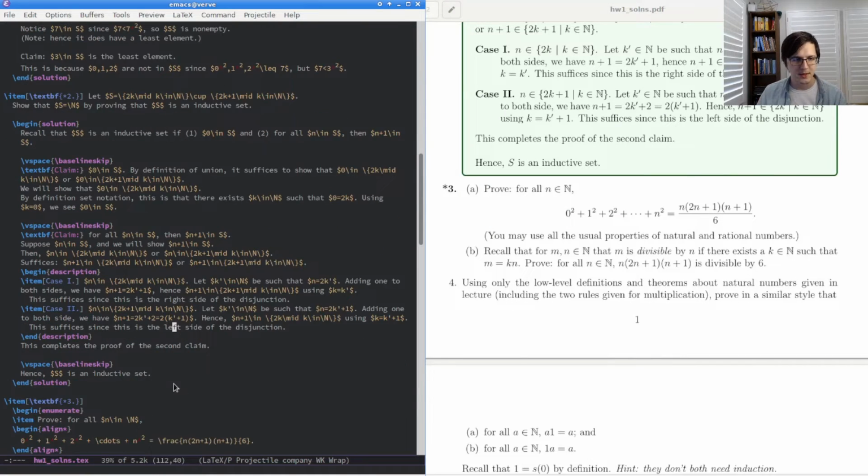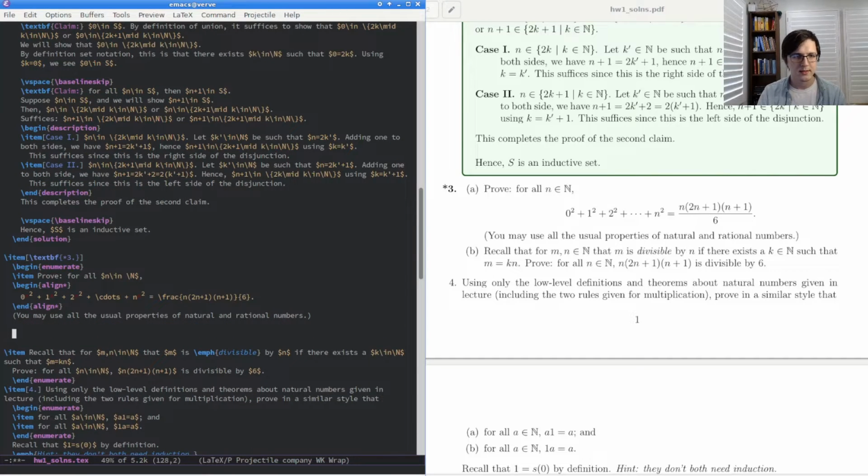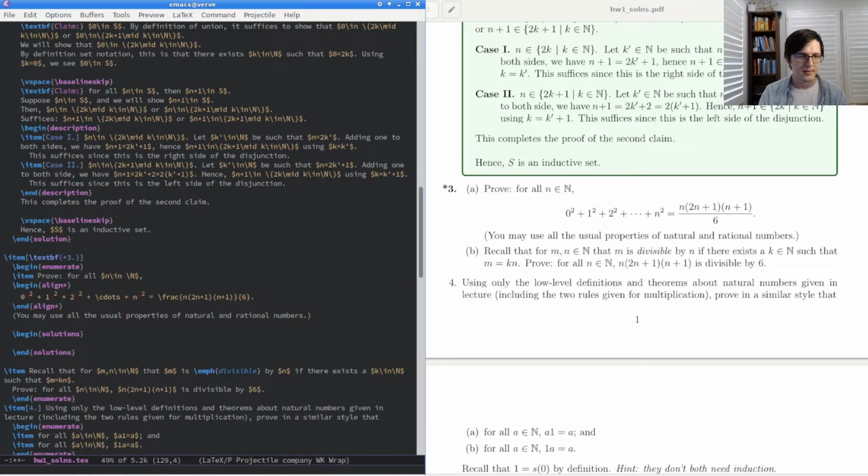Okay, now problem 3. Let's create a new environment, solution. I guess I poisoned it by accidentally creating a solutions before.